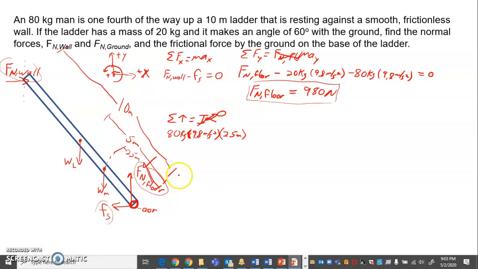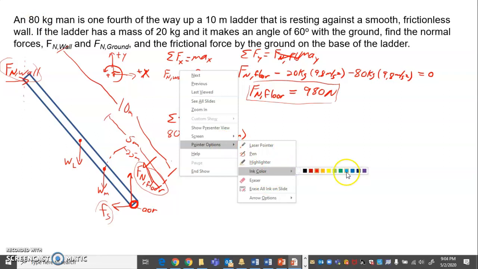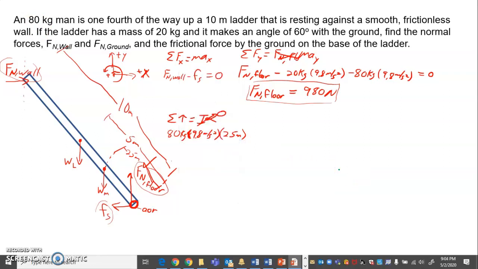And then we need to be careful here. We need to take a look at what the angle is between R and the force. So let's go ahead and draw that in. Let's change colors here. And so we'll draw in our R vector, which goes right here. So that's our R vector. That's 2.5 meters.